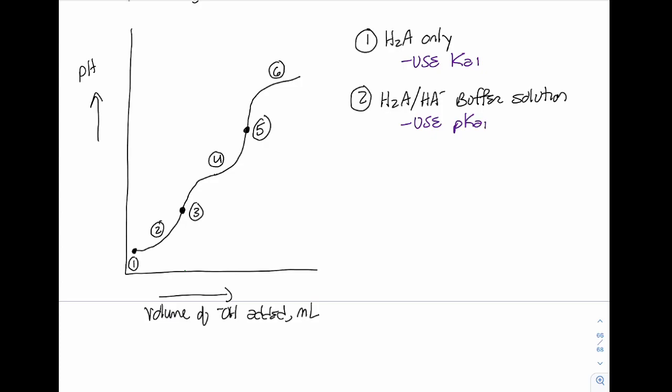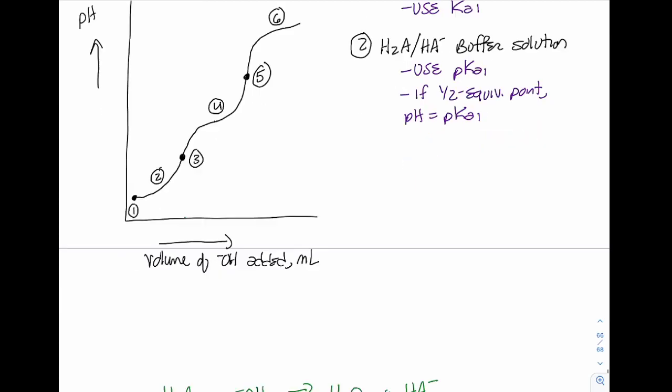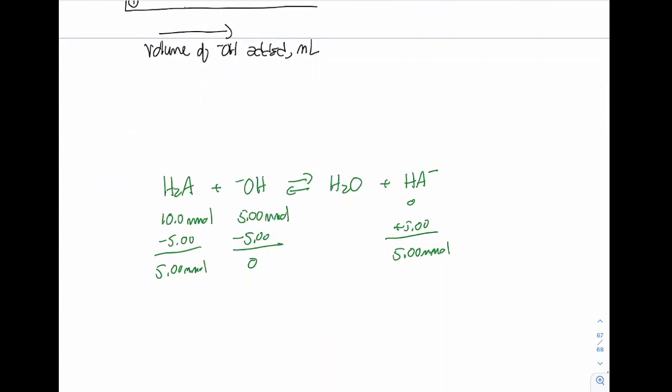And if it's halfway to the first equivalence point, then your pH is going to be equal to pKa1. So at the half equivalence point, pH equals pKa1.